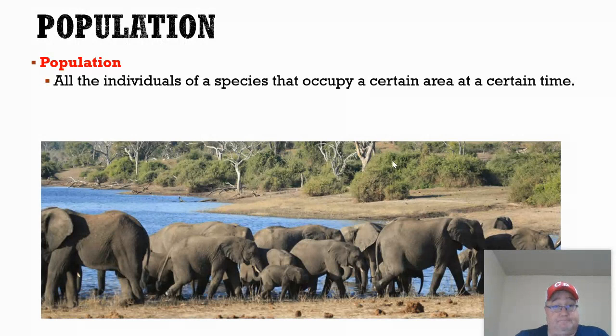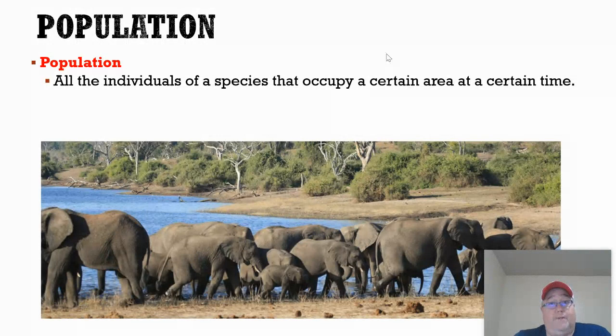You have a time. Now, if we fast forwarded one year, let's say the following August, would this population of elephants be any different? Would it still be in the same spot? Would they still have the same numbers? Would there be more of them? Would there be more males or females?